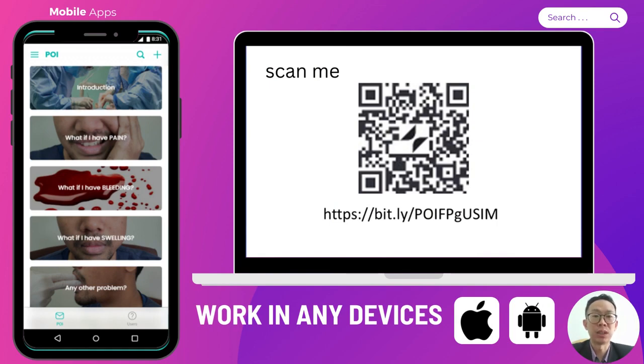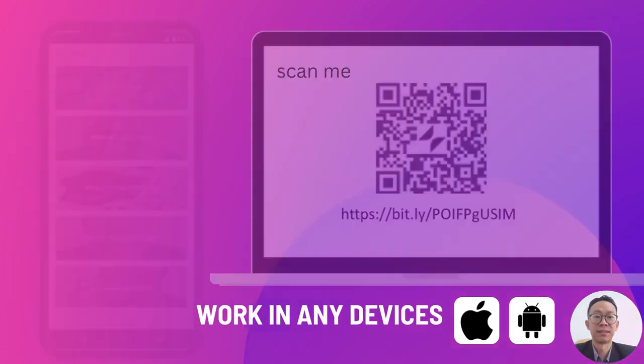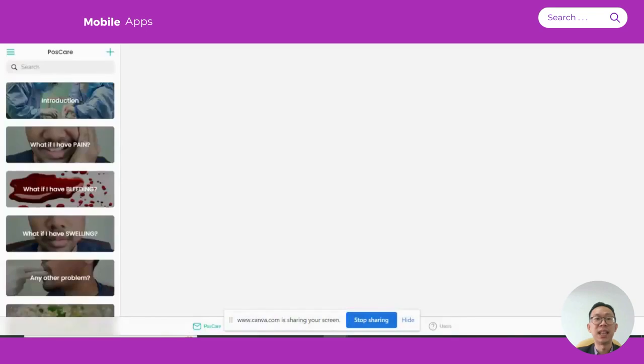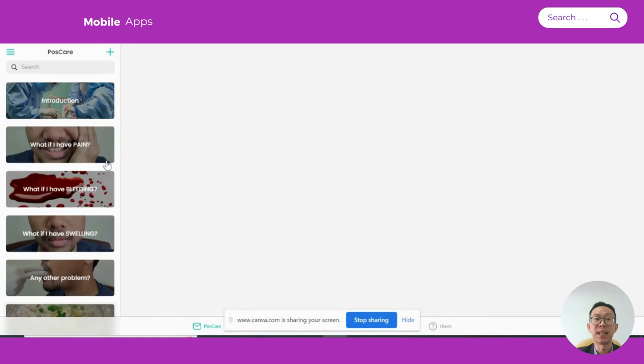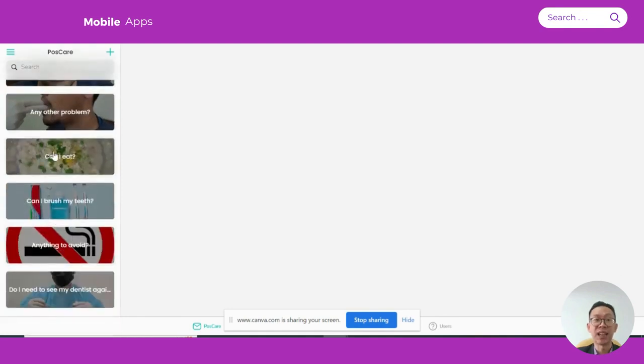It works on any device, either Android or Apple products. This is the layout of our PosCare app, which consists of the 9 topics: introduction, management of pain, bleeding, swelling, limited mouth opening, advice on dietary intake, advice on oral hygiene instructions, precautions and things to avoid, and the last topic is follow-up.